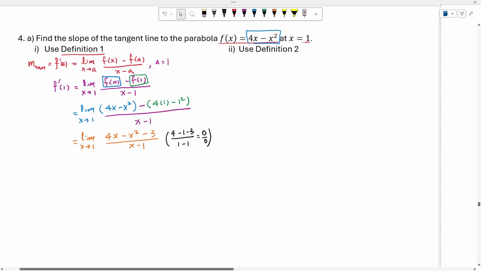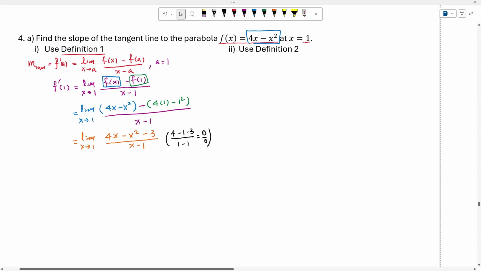But in this case, we are not going to work with the conjugate pair, because if we work with the conjugate pair, we need to have a square root inside the expression, and in this case, we don't have it. Okay. So that means we could actually use factoring, right? We factor this out.